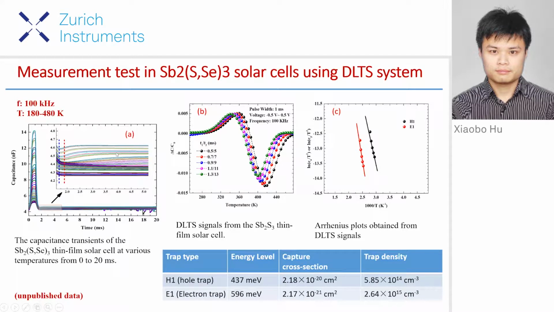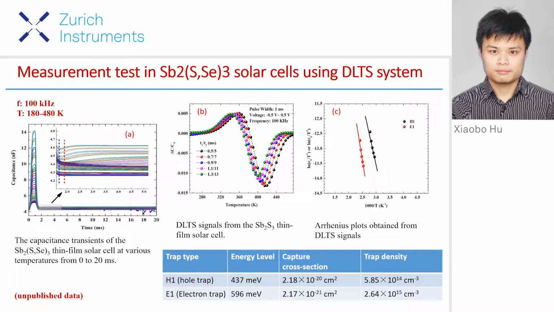Figure A presents the transient capacitance of the SbSe solar cell in increments of 5K over a temperature range from 180 to 480 kelvins.